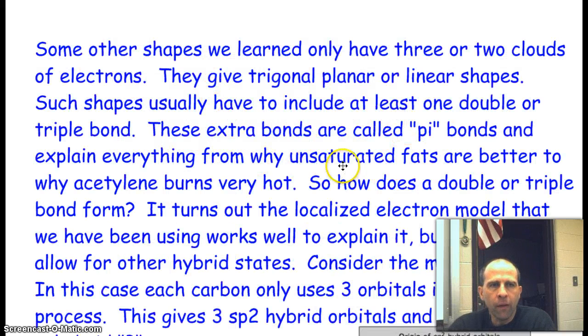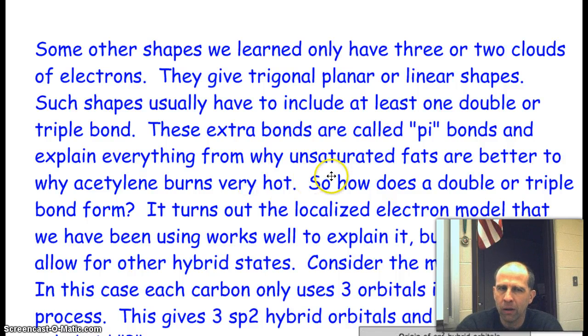Some of the other shapes that we've learned are a little simpler. They only have maybe 3 clouds or 2 clouds. And that's where we get trigonal planar and linear. And in order for those to work, if you think about sulfur trioxide when we did it, they've got to have at least one double or triple bond in them somewhere.